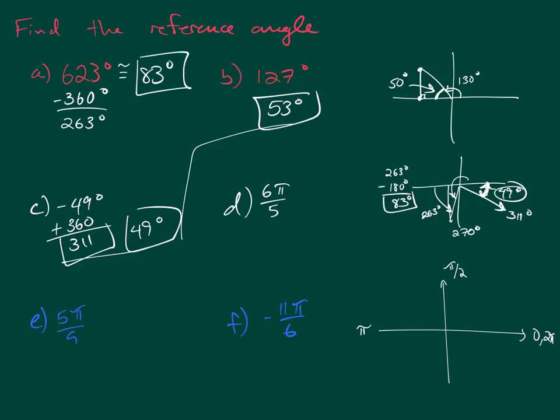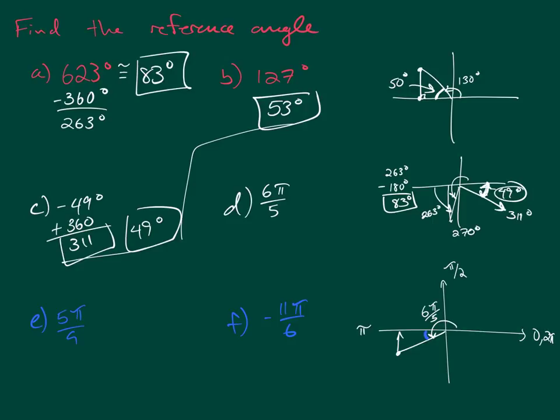So for example, if we start with this one, 6 pi over 5, well, 6 pi over 5 is bigger than 1 pi, so that would be this angle right here. All of this is 6 pi over 5. Well, we went past the x-axis, so the question becomes, how big is this angle?